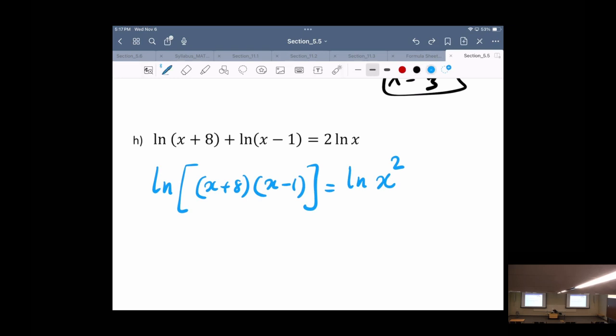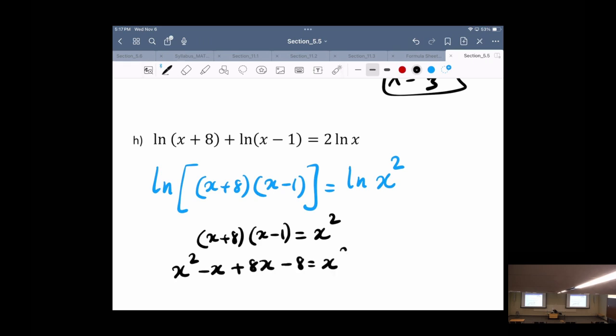Therefore, we can write x plus 8 times x minus 1 should be equal to x squared. Now, if we distribute the left side, we have x squared minus x plus 8x minus 8 equals x squared. And I'm double checking this to make sure, yeah.